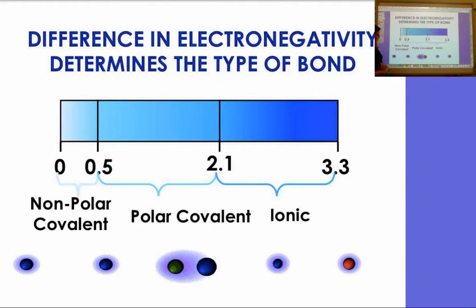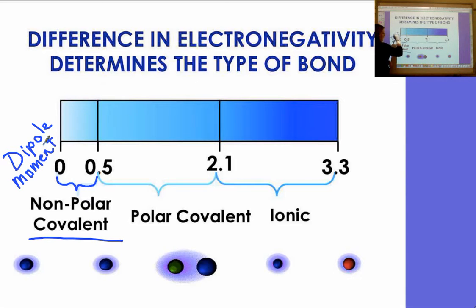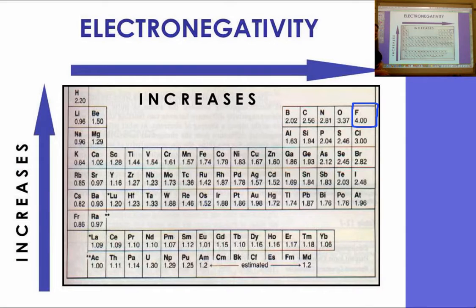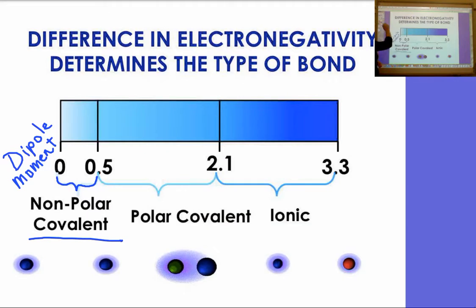Here are your three different types of bond again. Non-polar covalent. That's going to give us a value from 0 to 0.5. These are called dipole moments. And a dipole moment is when you subtract the two values of the two elements that you're talking about from this electronegativity chart.